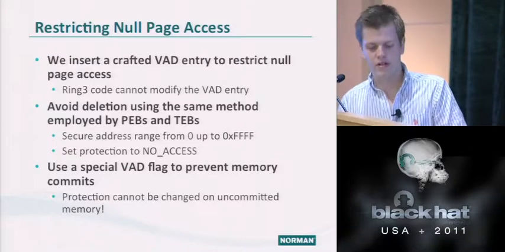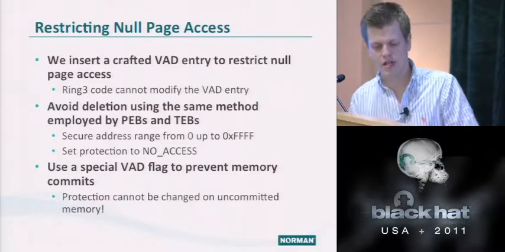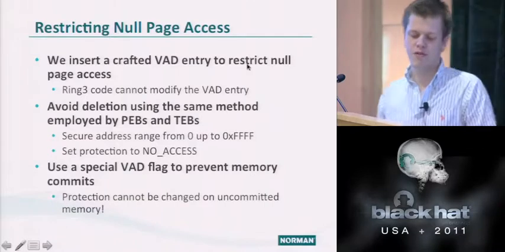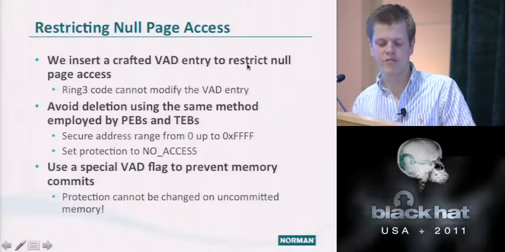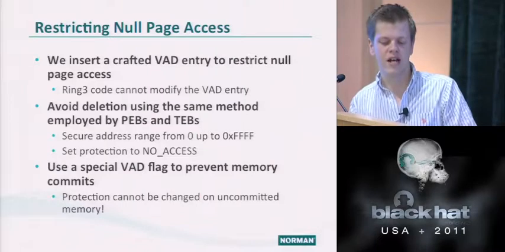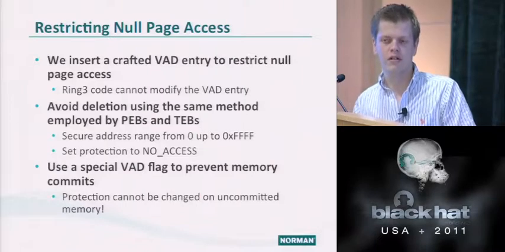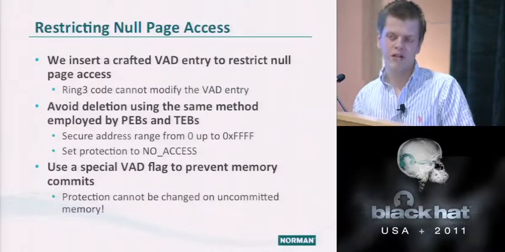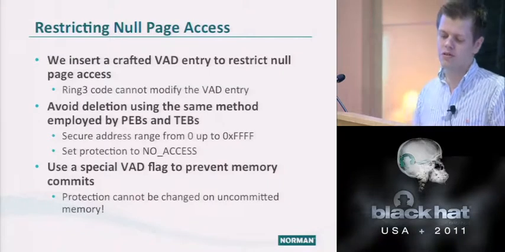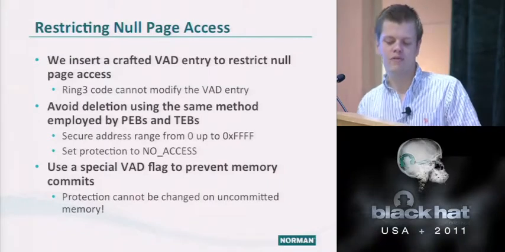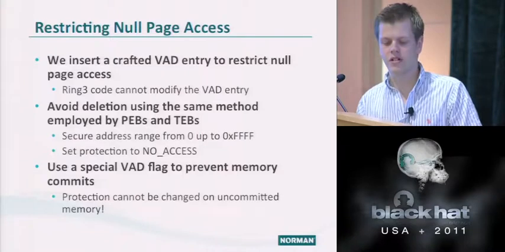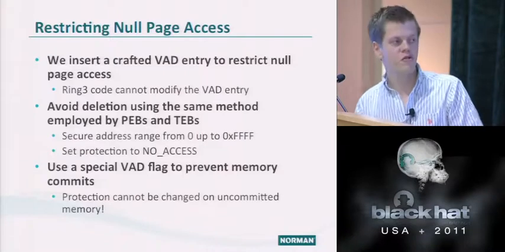I wrote a paper on this last month, and what we do here is insert a crafted VAD entry that restricts null page access for both the kernel and the user. If you have a null dereference in the kernel, you don't want anything to be mapped. You want an instant access violation, and you also want the user not to be able to map that page.